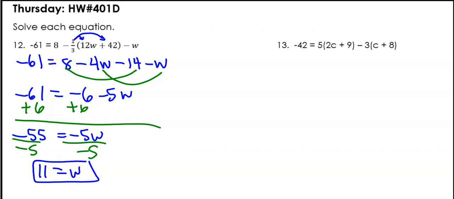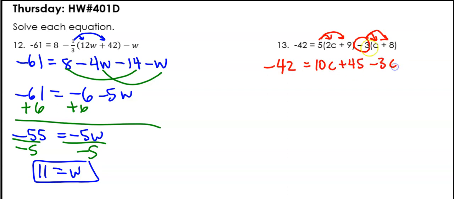That wasn't so bad. All right, now we got some double distributing here. 5 times both of those. Be careful. This is negative 3 times both of those. So nothing to do over here. Negative 3 times c, and negative 3 times 8 is minus 24. Got some like terms here and there.